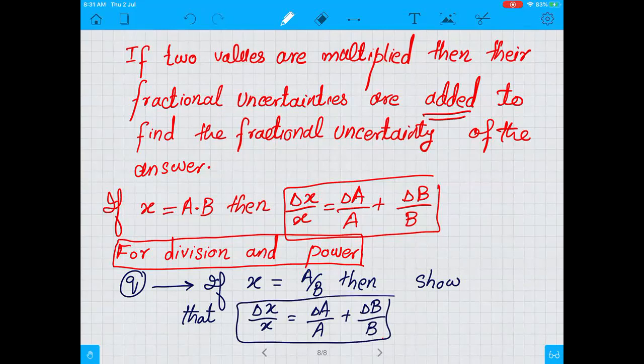So if you divide a over b and you get a value x, then by adding their fractional uncertainties, you will get the fractional uncertainty of the answer. So this is what you have to prove yourself.